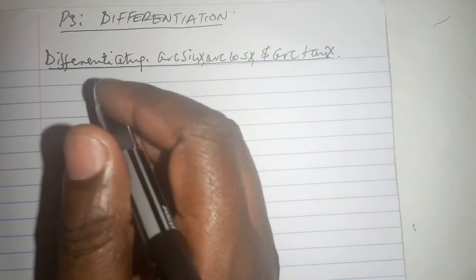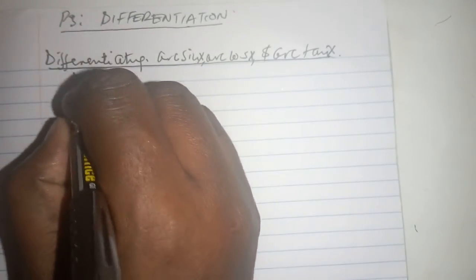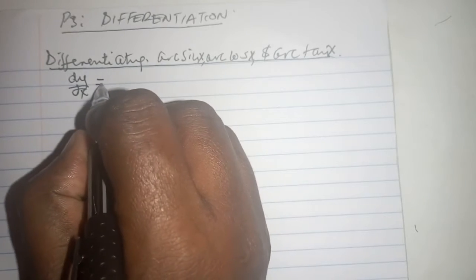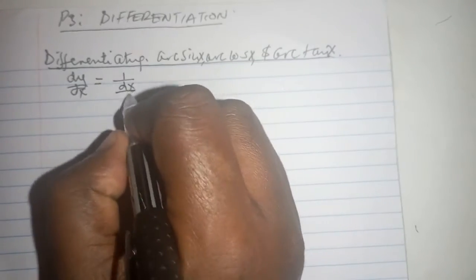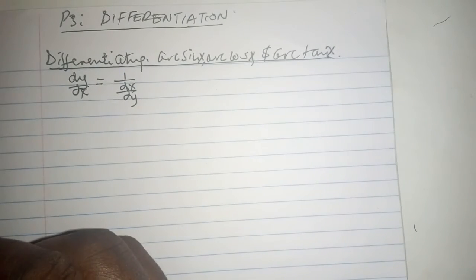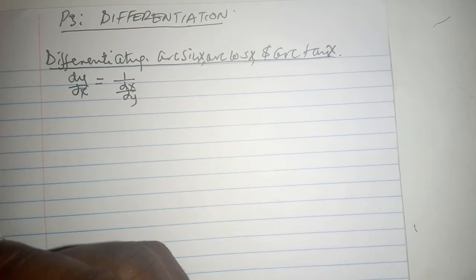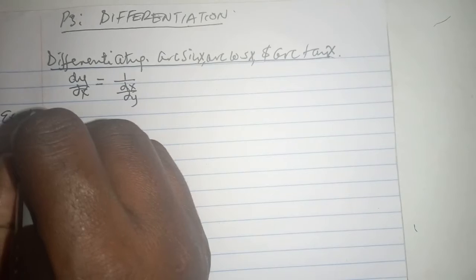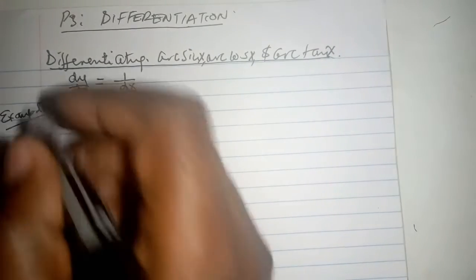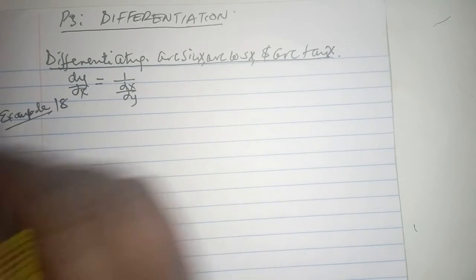And we are told that you can use the rule dy/dx equals 1 over dx/dy to differentiate arcsin, arccos, and arctan x. In example 18, we just need to apply this law.